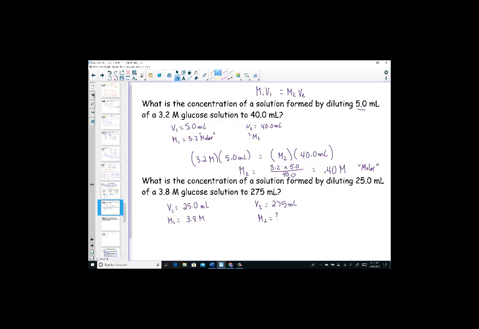So we're adding more water, diluting the solution. So M1V1 equals M2V2. Our first set of conditions set equal to the second set of conditions.